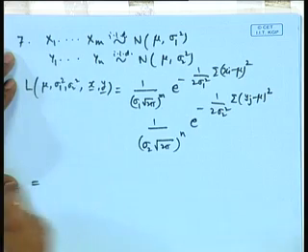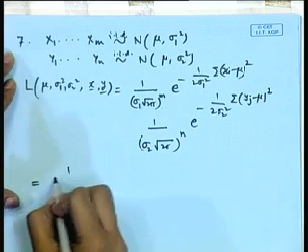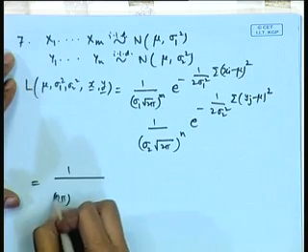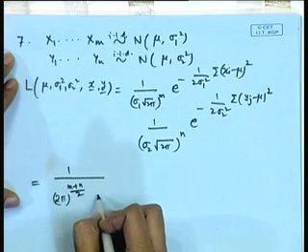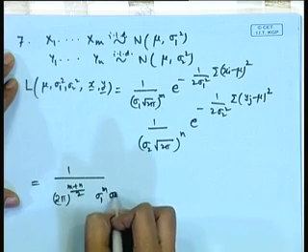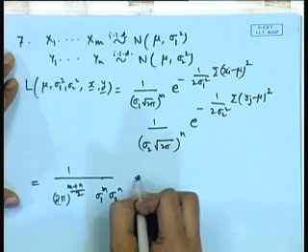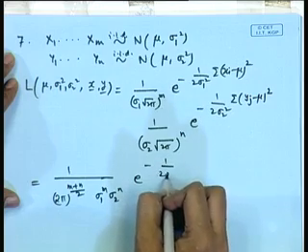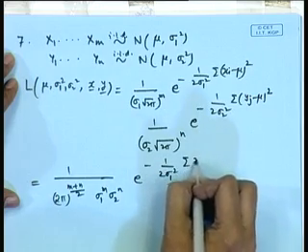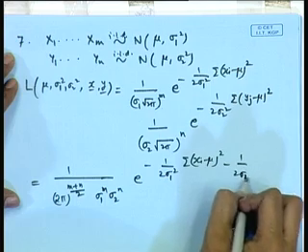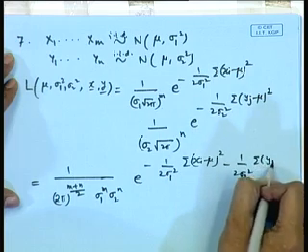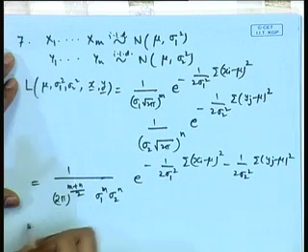So, the terms can be simplified: 1 by (2 pi) to the power (m plus n) by 2, sigma 1 to the power m, sigma 2 to the power n, e to the power minus 1 by 2 sigma 1 square sigma (x i minus mu) square minus 1 by 2 sigma 2 square sigma (y j minus mu) square.